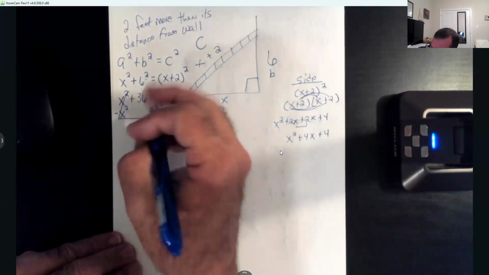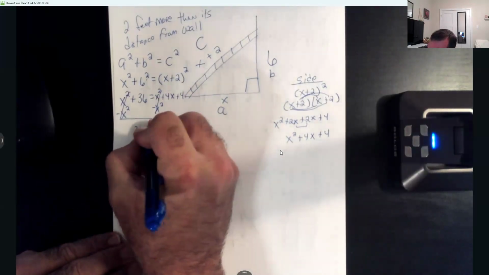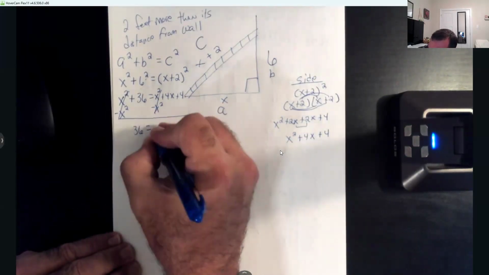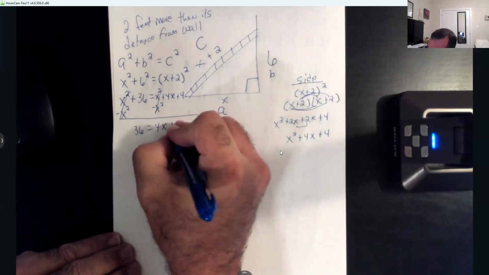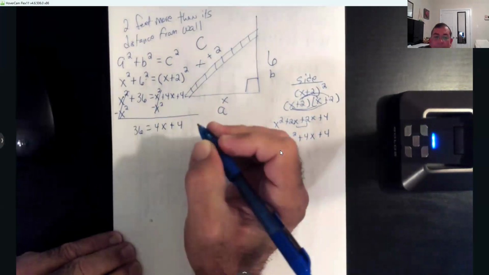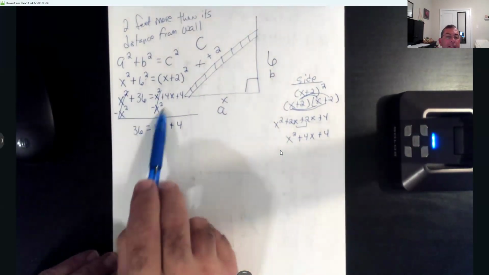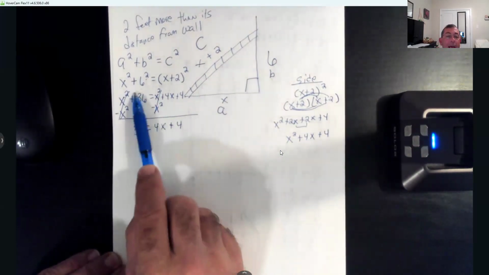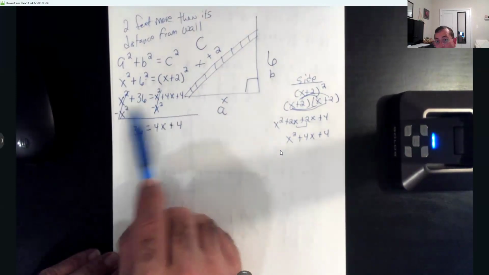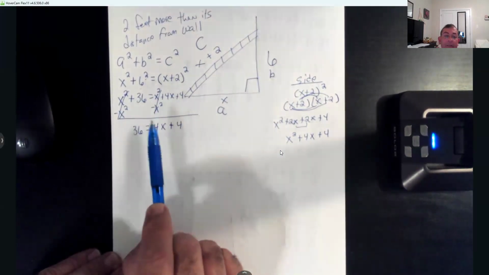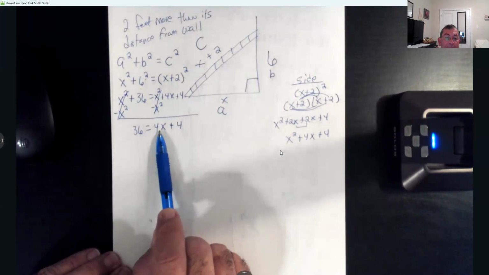So that you get a 36 equal to a 4x plus 4. So y'all, at that point, since these x squareds canceled out, it's no longer quadratic. So all we got to do is solve this for the x.